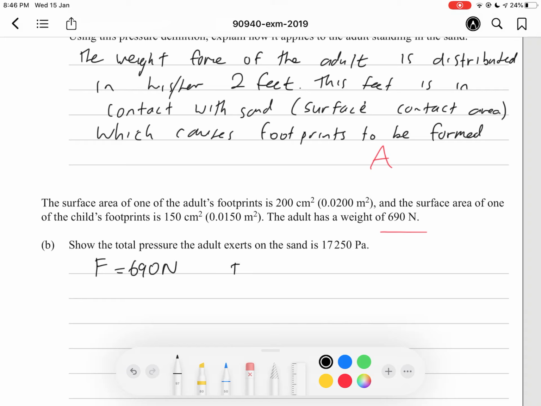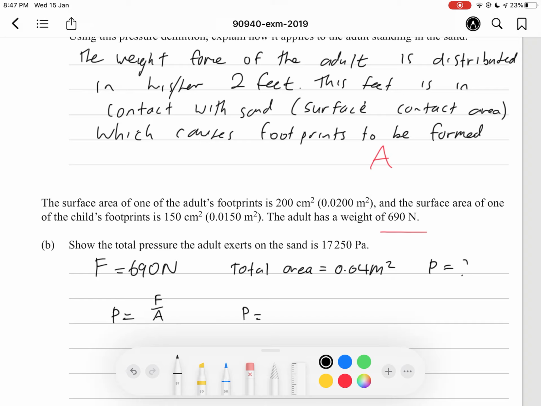So we can say that the total area is equal to 0.04 meters squared, and I'm trying to find the pressure exerted. We're going to use the relationship of pressure equals force distributed over area.